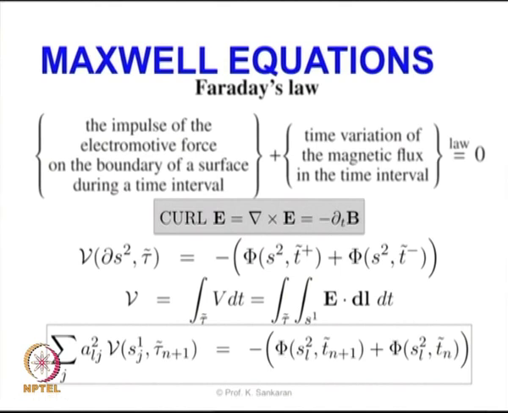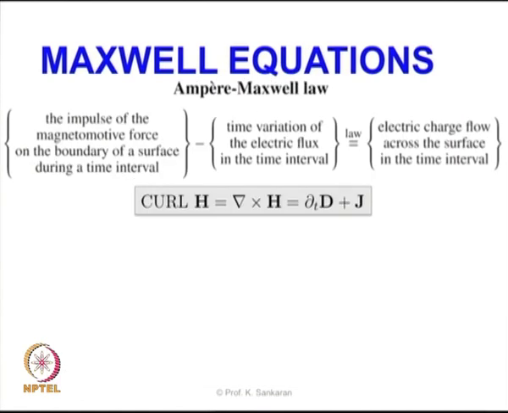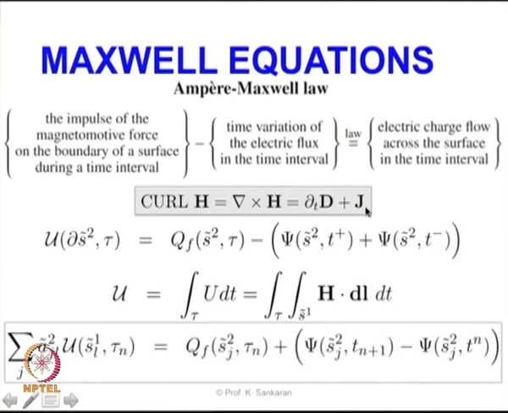The last equation will be a very similar one. In this case we call it Ampere-Maxwell's law, where you will see the curl of H is equal to dD by dt plus J, and when we do the same, the surface integration, what we have got is the J surface integration will become the charge flow.